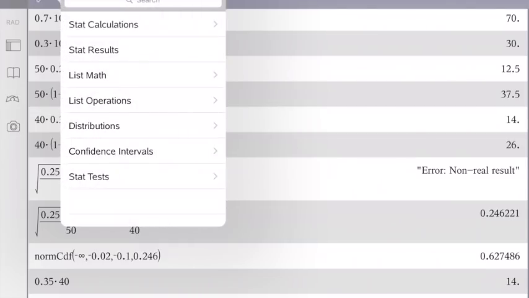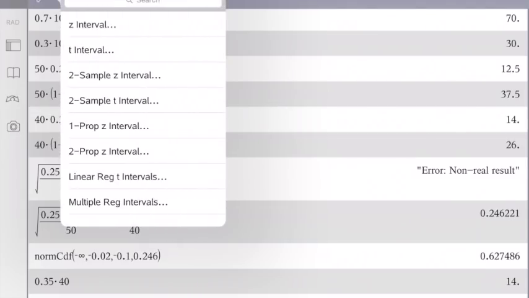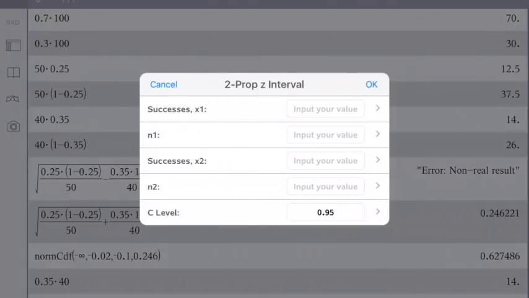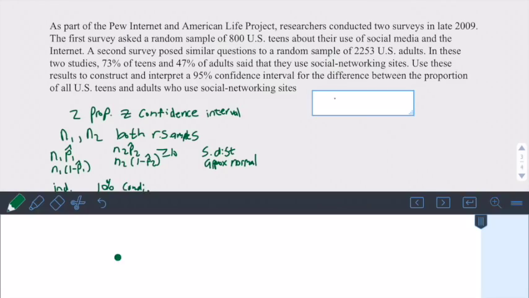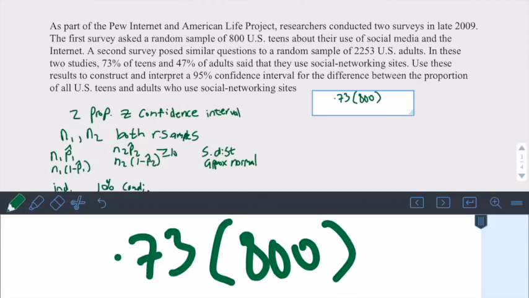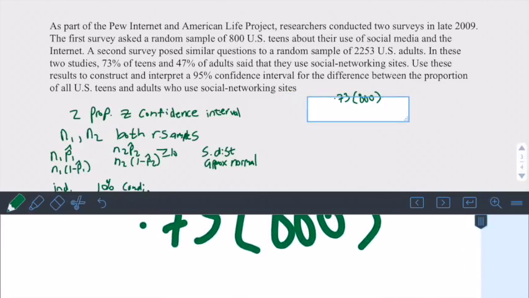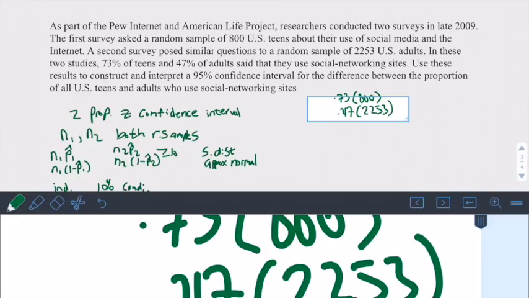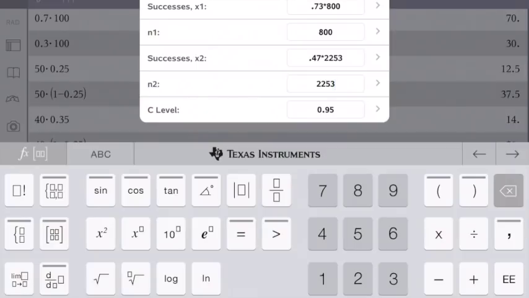So we're going to be in confidence intervals and 2 proportion Z intervals. We need our successes and failures again. We were given percentages, so we have to convert them. So we need 73% of those 800 teens, and 47% of those 2,253 adults, and a 95% confidence level.